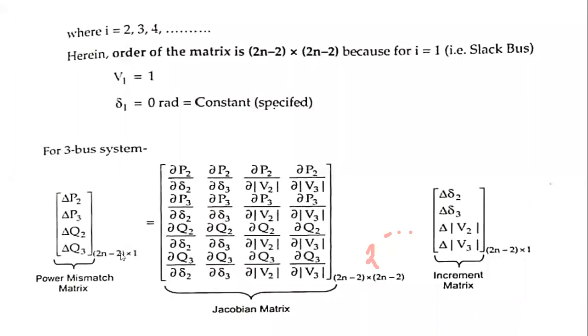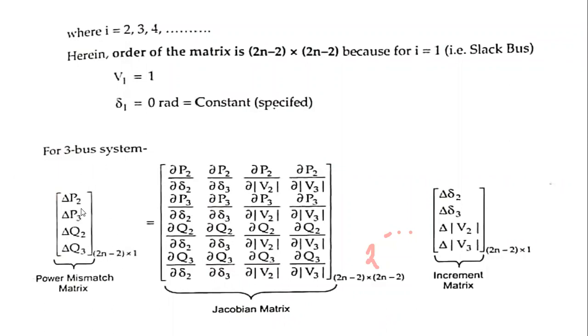The dimension is 2n minus 2 into 1, where n is the number of buses. 2 into 3 is 6, 6 minus 2 is 4. That is a 4 by 1 matrix.